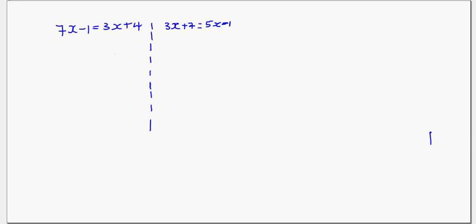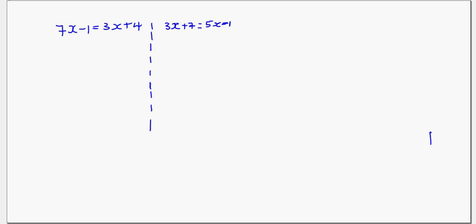Okay, so we're going to look at the first one, 7x minus 1 equal to 3x plus 4. Right, so 7x minus 1 equal to 3x plus 4. If you observe, the left-hand side has a larger x, so it means that we're going to try to get all the x's onto the left-hand side.